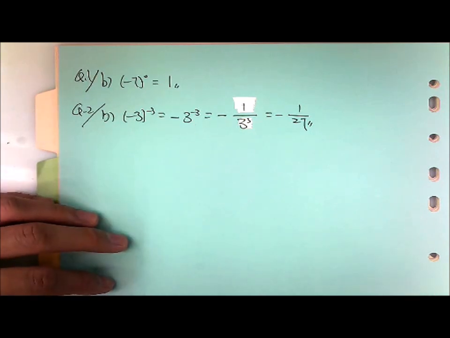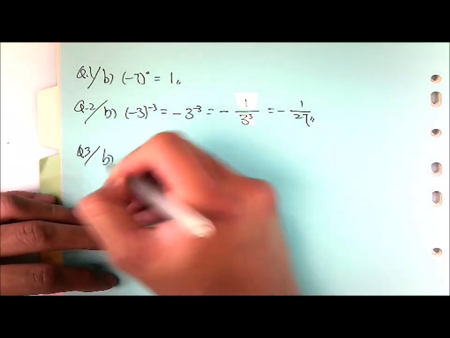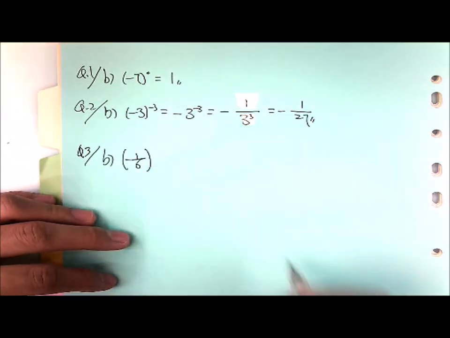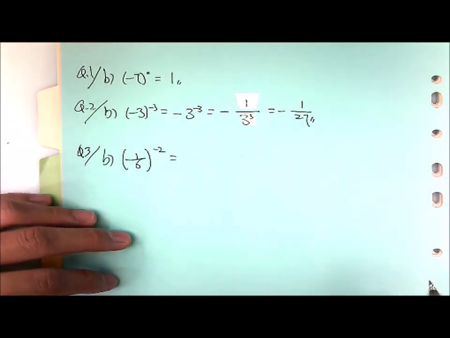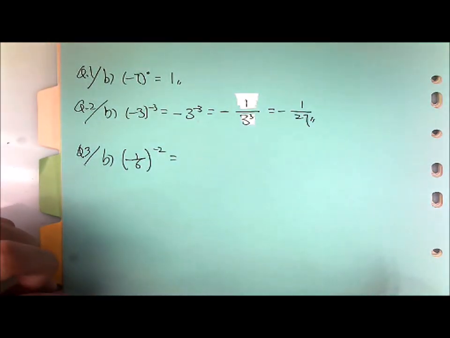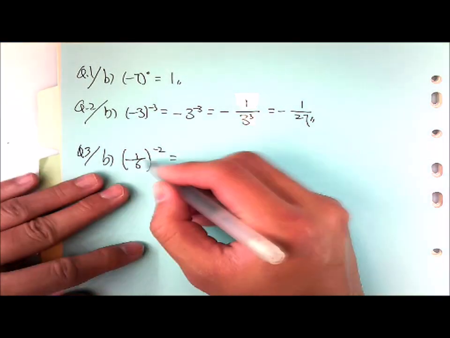So keep going. We go to question 3, B, copy it. Minus 1 over 6. And then to the power minus 2. So can you tell me whether this is positive or negative? I mean the result. Positive, right? Because this 2 is even. So you don't have to copy this.